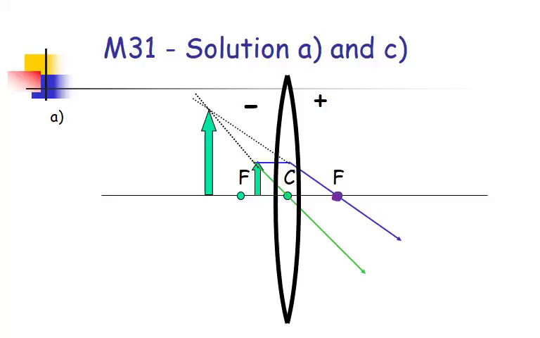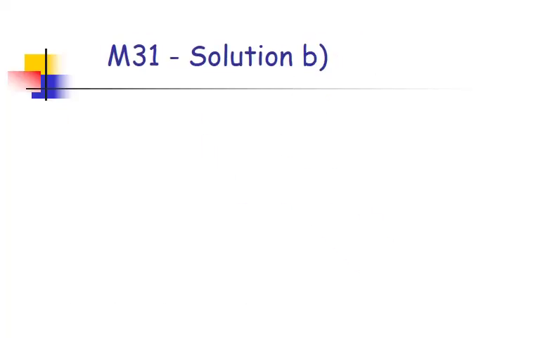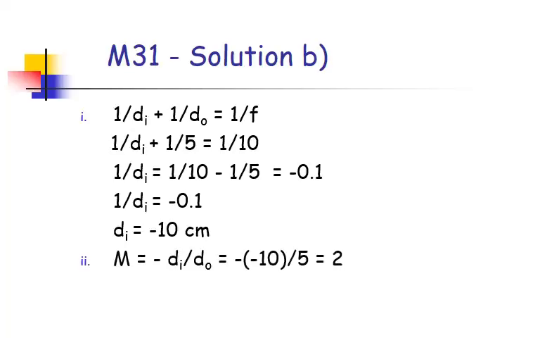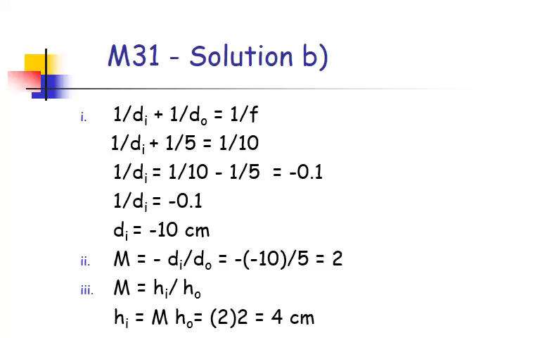And yeah, the rays come together. We get a virtual upright enlarged image. For DI, -10 centimeters is the location for the image, magnification of +2, and 4 centimeters tall from 2 centimeters.